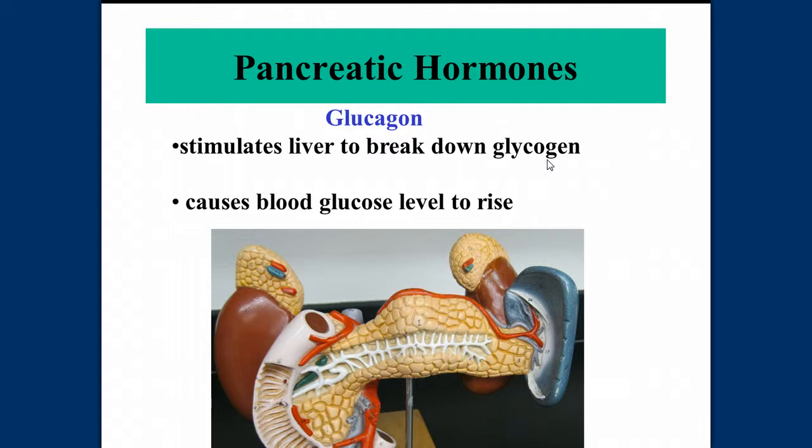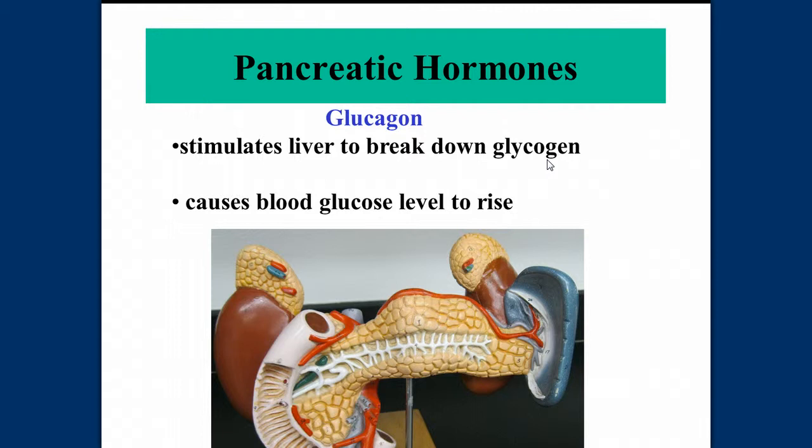So the liver can convert the glucose to glycogen and store it for a short period of time. It's stored in adipose tissue, which is fat, and in the liver. So glucagon stimulates the liver to break down the glycogen to release the glucose to the bloodstream.